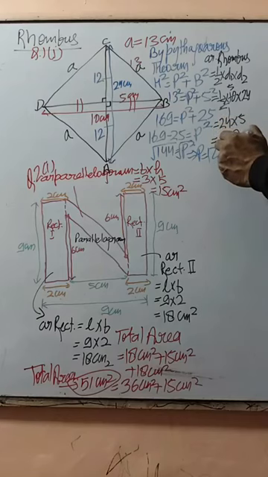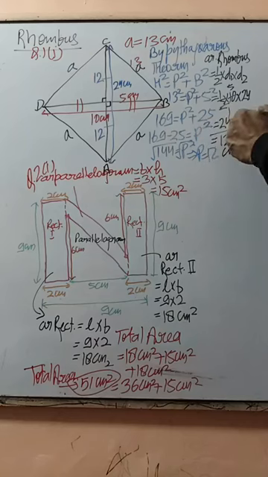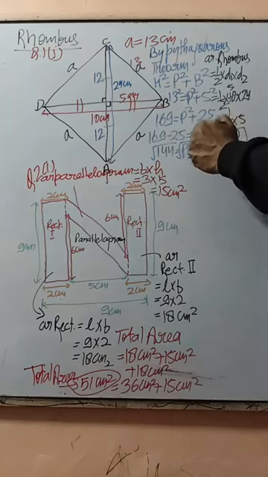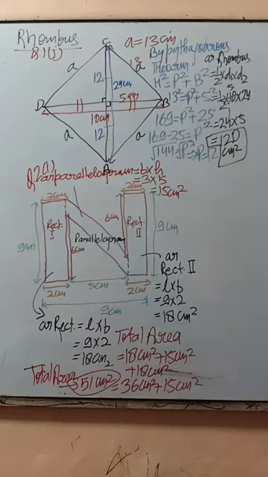So it is 120 centimeter square, the area of the rhombus. Right? You get it? Yes. Okay.